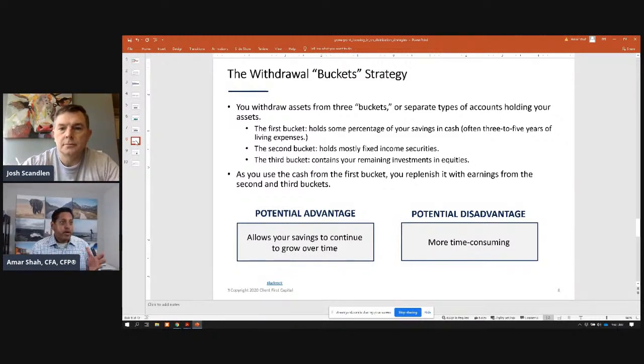If I were to pare this down, I would just say you have 2 buckets, and the second and third could be combined based on your risk tolerance and the risk you need to take to reach the goals you've set from a planning perspective. Your financial plan or cash flow needs could say you need to take this amount of risk, and that should line up with buckets 2 and 3 combined. Right, I 100% agree.